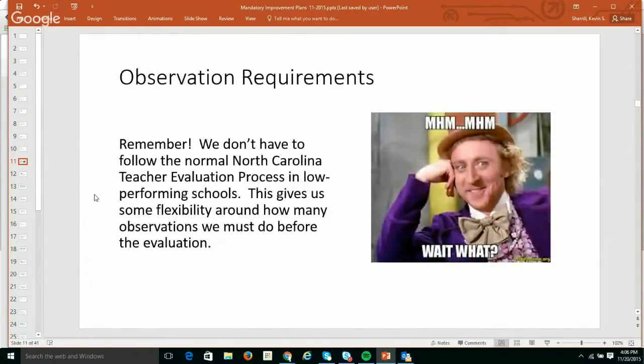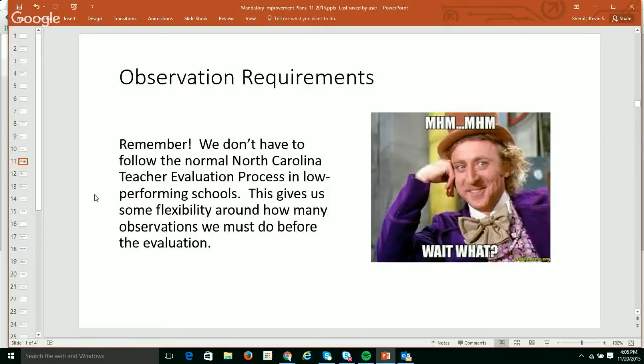So remember, we don't have to follow the normal North Carolina teacher evaluation process in low-performing schools. So this gives us some flexibility around how many observations we have to do before we get to the evaluation piece. Unfortunately, a lot of this is controlled by the technology that we use, but we don't want the technology to dictate how we comply with the statute, because the technology is not created for this statute.